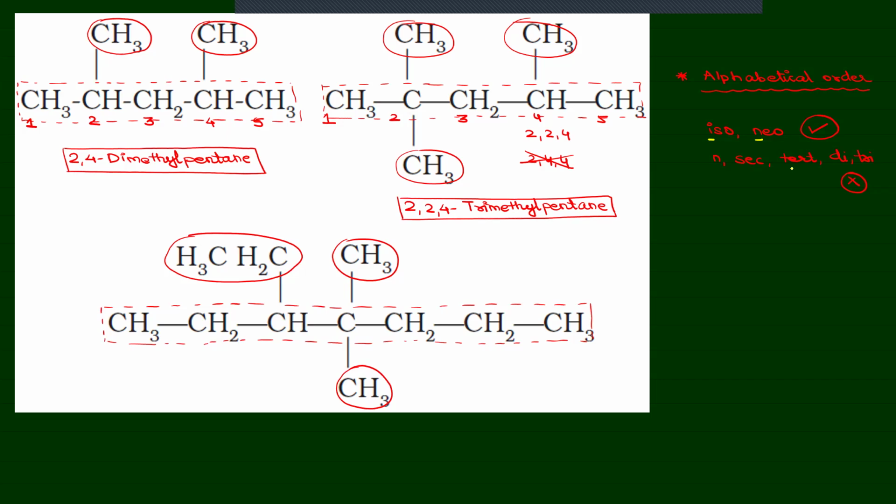You have to pick up the first letter of the alkyl and not the first letter of the prefix. Likewise, if I have dimethyl, then the letter to be considered in alphabetical order will be M and not D. Similarly, triethyl, the alphabet to be picked up will be E and not T.